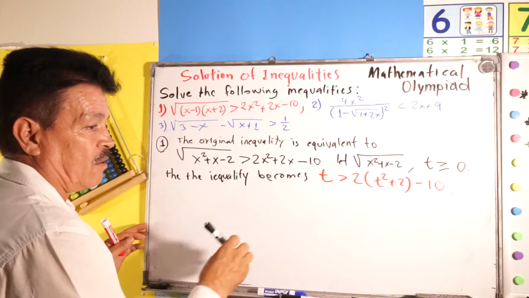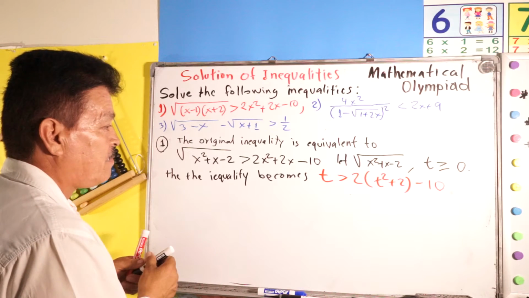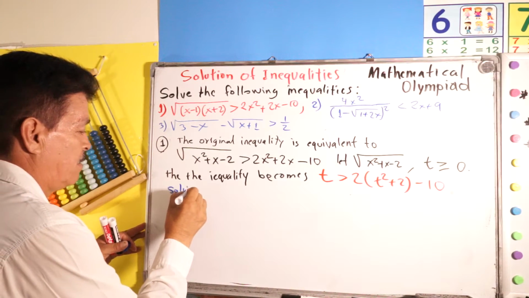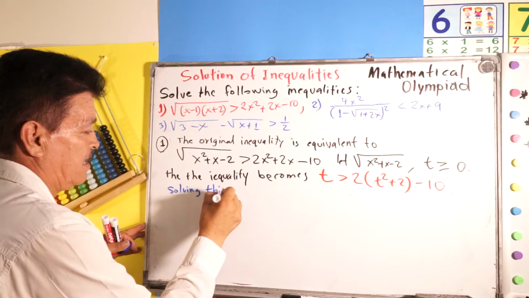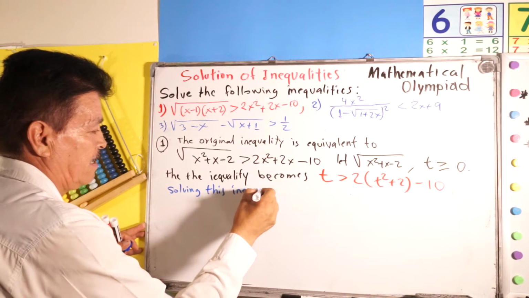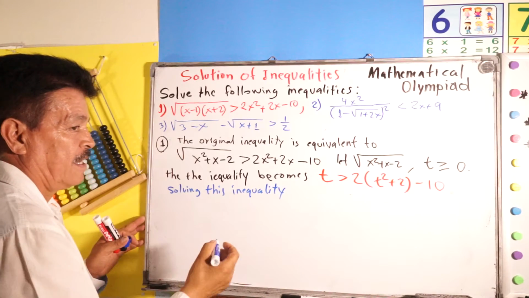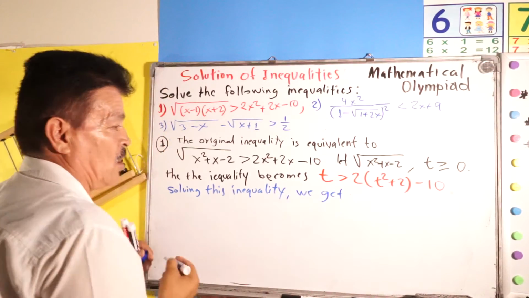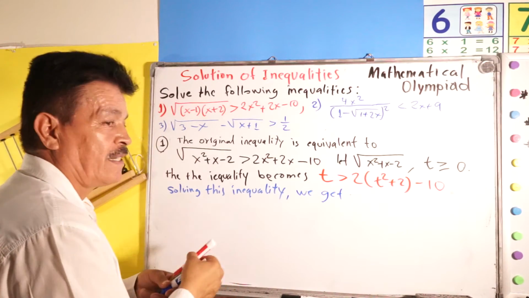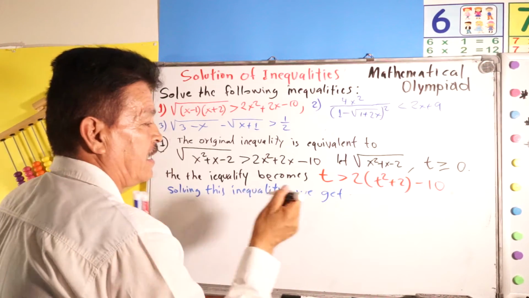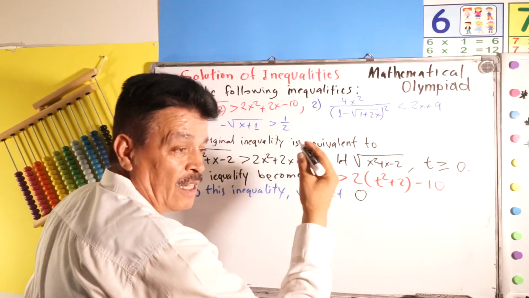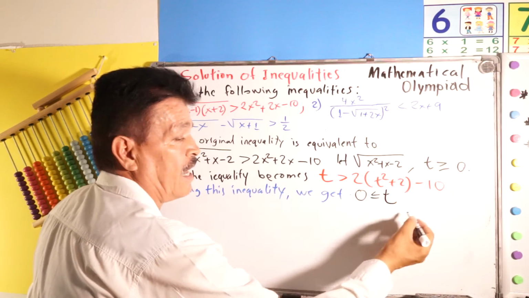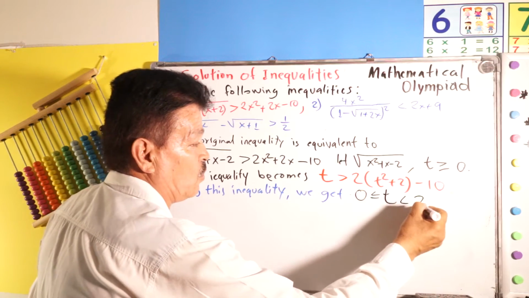When you solve this inequality, you get 0 less than or equal to t, and t less than 2.